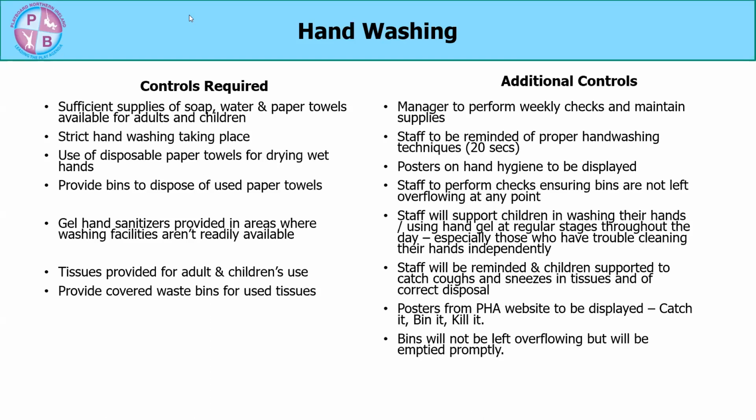Because we're all being asked now to wash our hands more regularly, you're going to go through your supplies more quickly, and you need to bear in mind that those supplies are going to need to be replenished potentially more frequently. So the manager might perform those weekly checks just to make sure that everything's at a good level and that there's enough of the supplies in place.